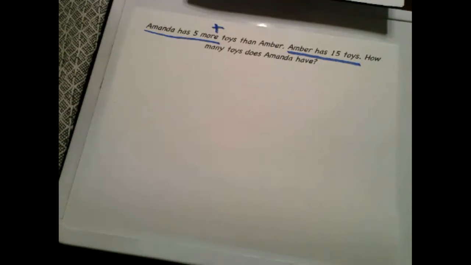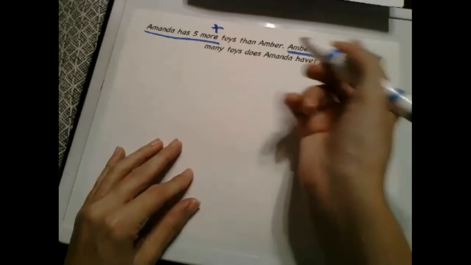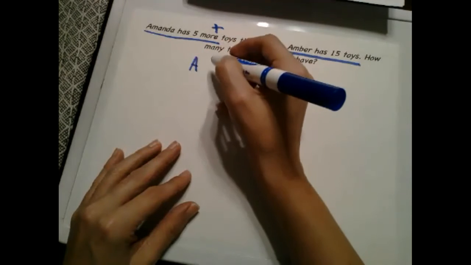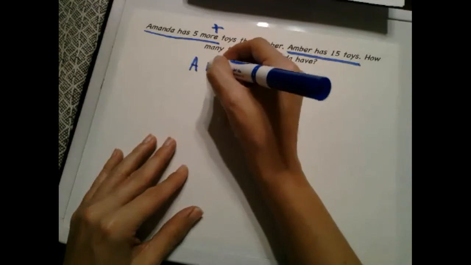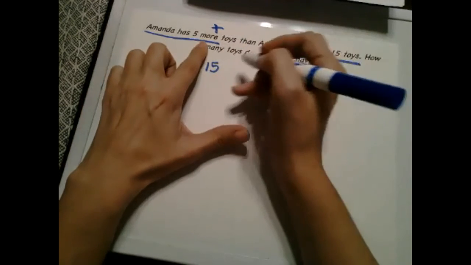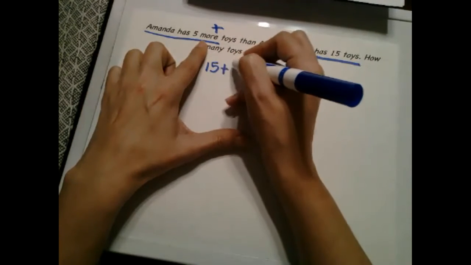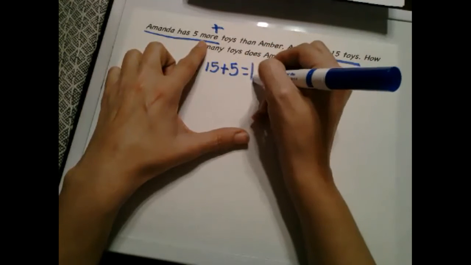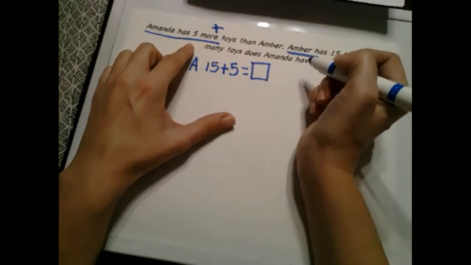Great thinking, guys. I heard someone say, if Amber has 15 and Amanda has 5 more, that I would add 5 more to get my whole.